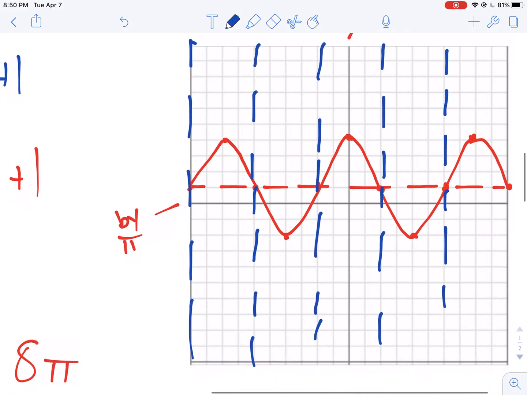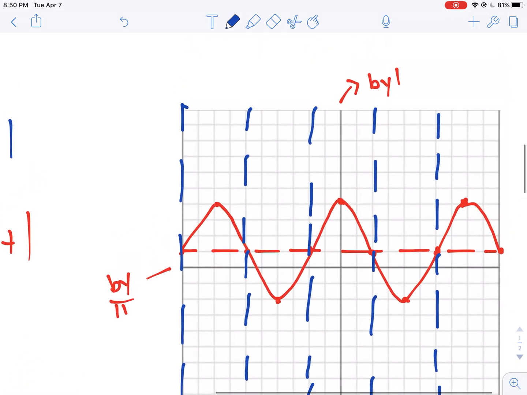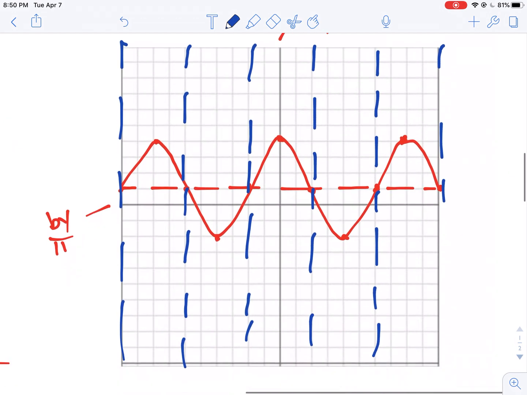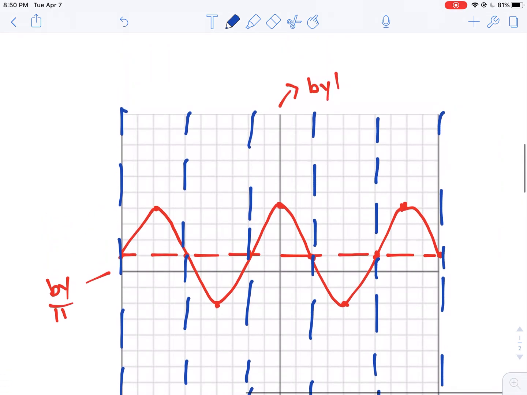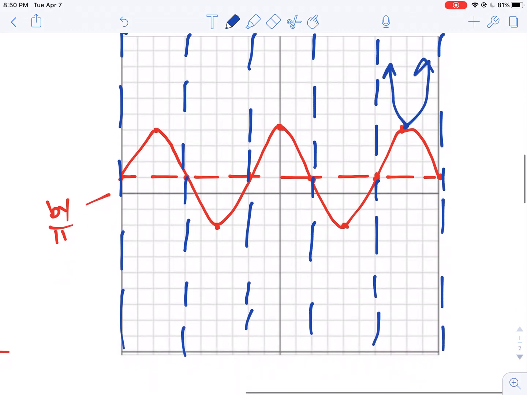So wherever that secant is undefined is going to stay undefined at those regular values. We're not doing anything with that vertical shift to then change our vertical asymptotes to where it intercepts at the x-axis. We're doing it at this fake x-axis. I'll go through peak valley, max min, draw my parabolas approaching those vertical asymptotes.